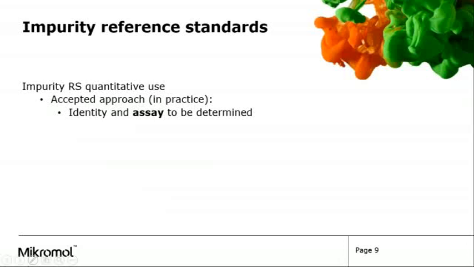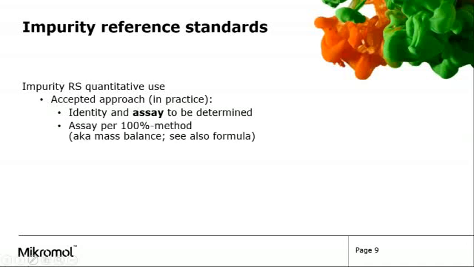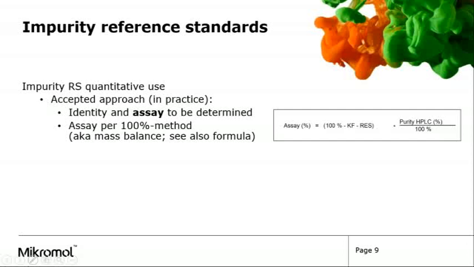However, for quantitative use, we also need to have an assay value assigned in order to use in the calculation for quantifying an impurity. This is often determined using the so-called 100% minus method, sometimes referred to as the mass balance method or approach. And the calculation is shown over here in this formula. Basically, it's taking 100% minus other components present in the material.